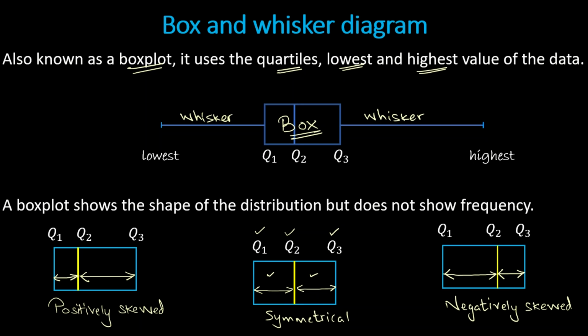Right? We are going to explain this in the next session. Right? But for the time being, just have a general idea of the shape of the distribution being positively skewed, symmetrical, and negatively skewed.